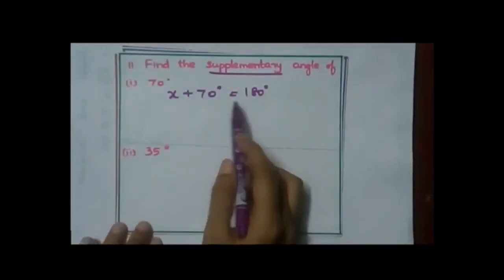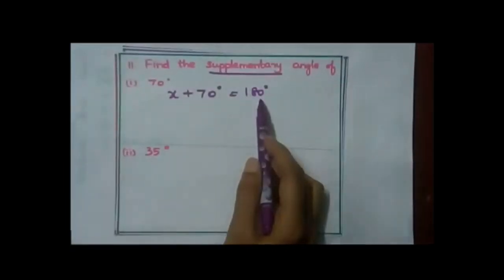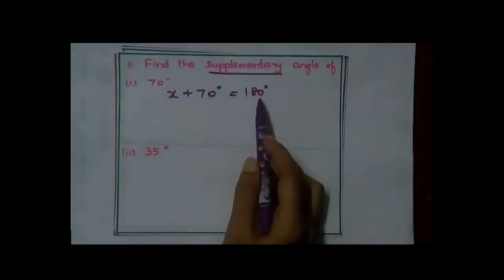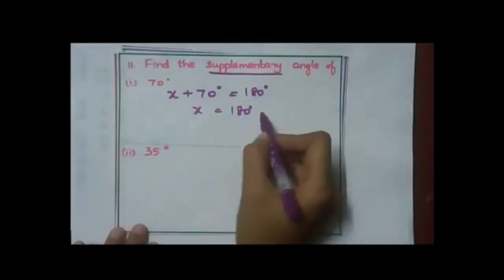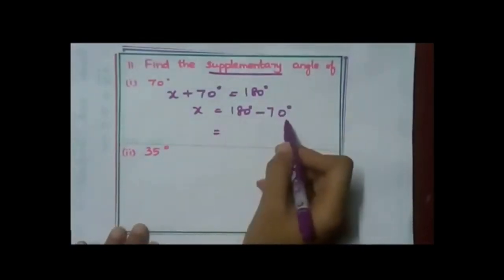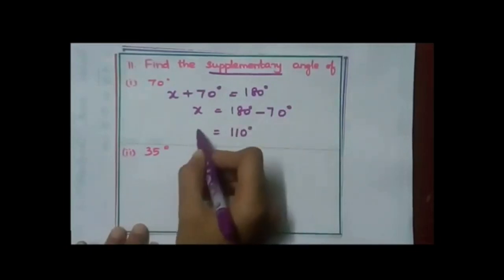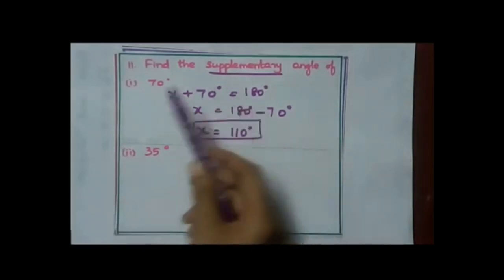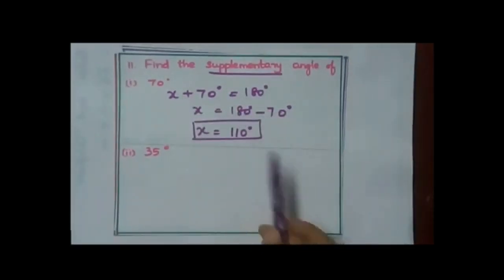The next step, you have to subtract the given angle from 180 degree. So x equal to 180 degree minus 70 degree. So I'll get 180 minus 70, 110 degree. So what is the answer? 110 degree. The supplementary angle of 70 degree is 110 degree.